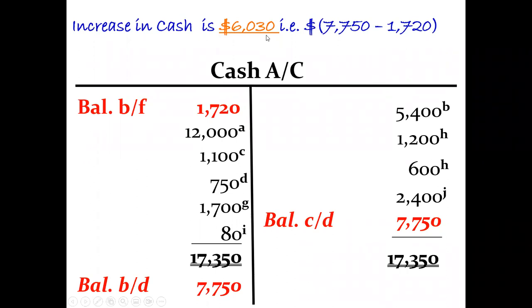Now remember, the theory says we're going to examine in this statement where cash came from. The cash that comes in, we call inflow. And how we use cash, we call that outflow.